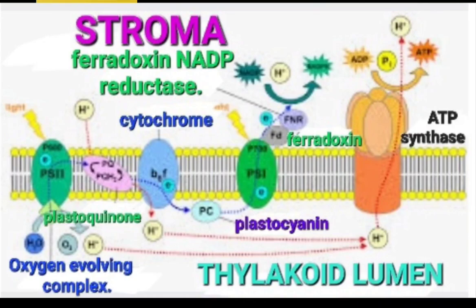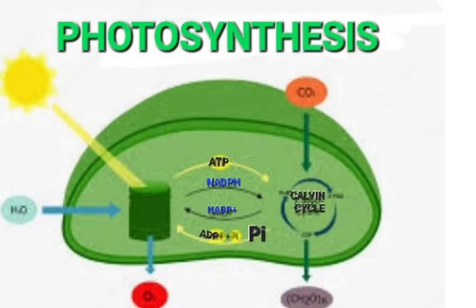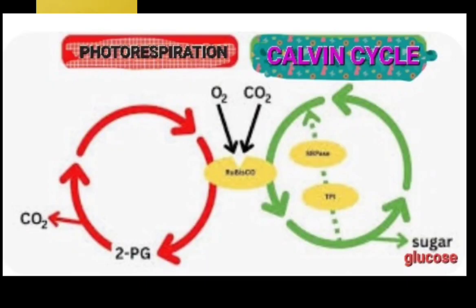The overall purpose of the Calvin cycle is to convert atmospheric carbon dioxide into glucose, which is required for the cellular activities or to build new structures. The site of the Calvin reaction is the stroma of the chloroplast. It uses the ATP and the NADPH for the conversion.